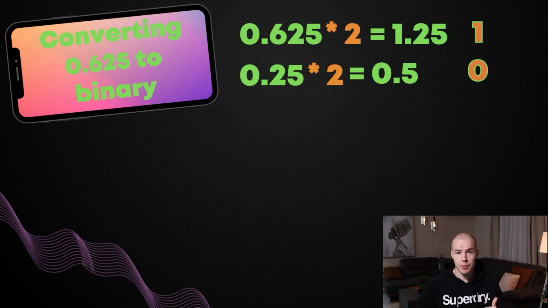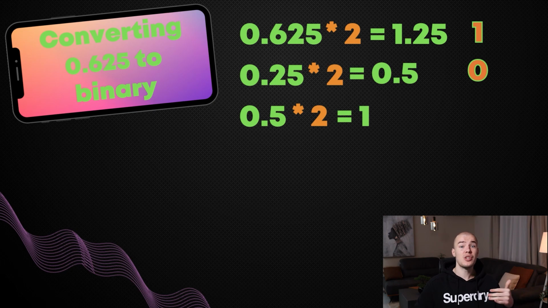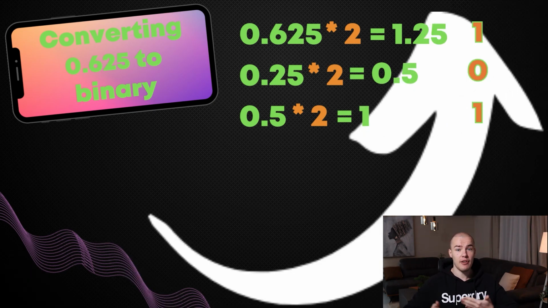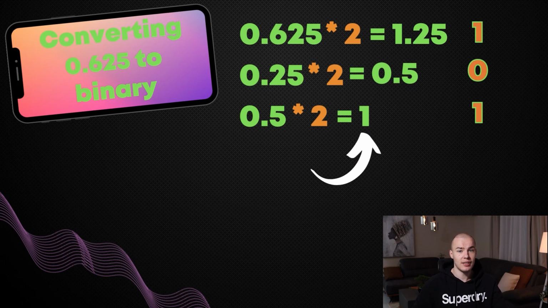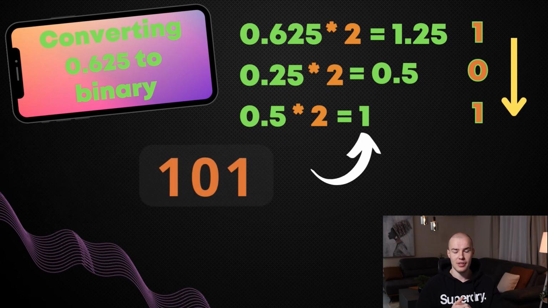After that, we multiply 0.5 by 2, and then we get 1. And when you get 1 as a result, you're basically done. You have successfully calculated the remainder of the number in binary. In our case, you're going to use 101 as a result.